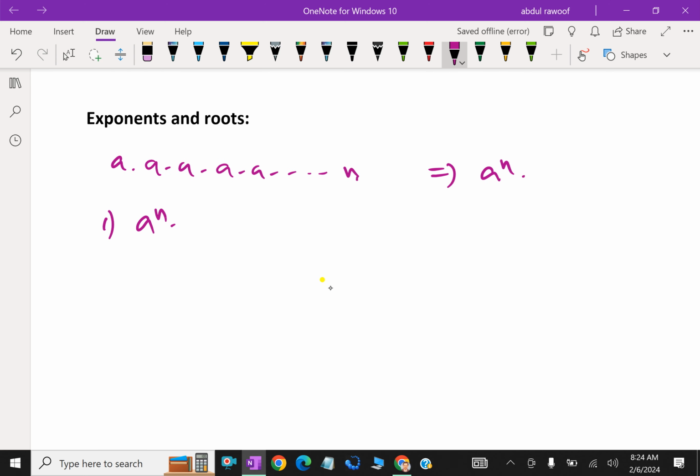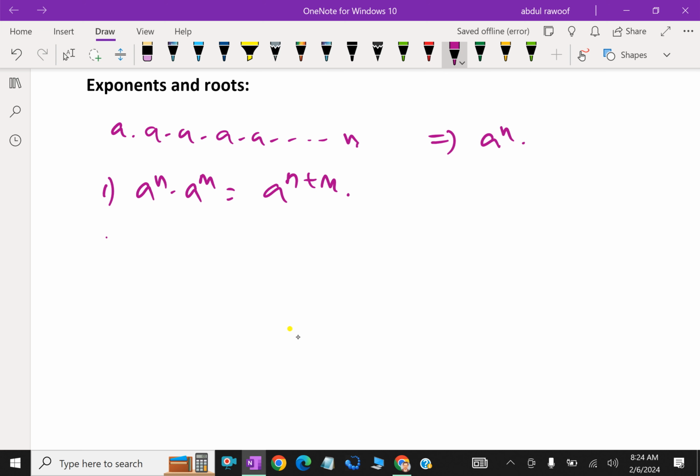A power n and A power m: here the bases are the same, the powers n and m different. So the product rule is A power n plus m. Second, A power n over A power m is A power n minus m.